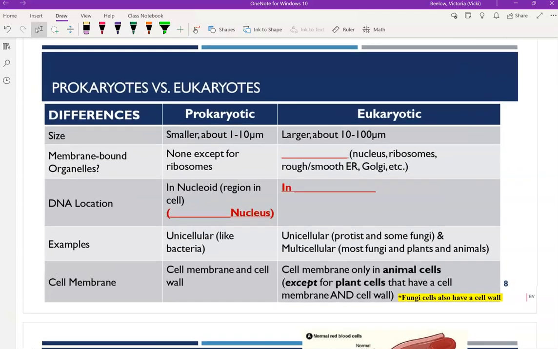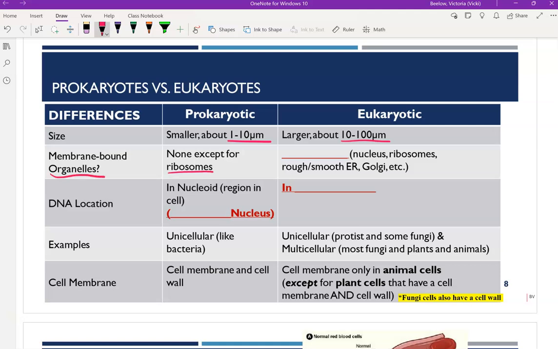So here's the difference between them. Like I said, size. Typically prokaryotic cells are about 1 to 10 micrometers, versus eukaryotic cells, which can be anywhere from 10 to 100 micrometers on average. Remember those membrane-bound organelles.